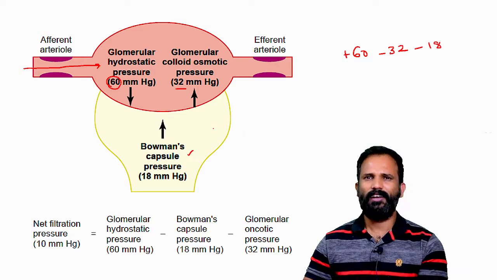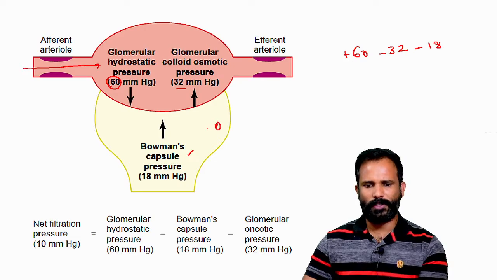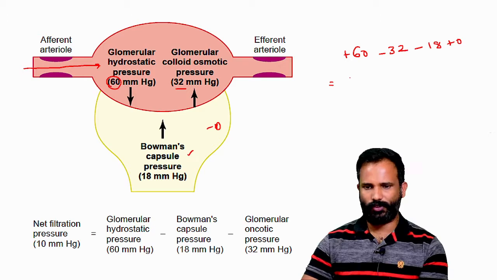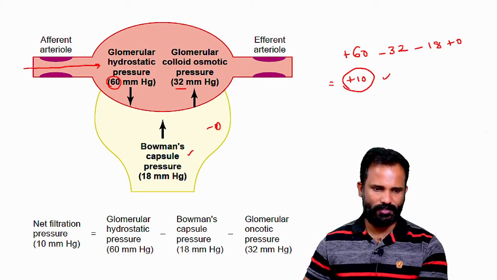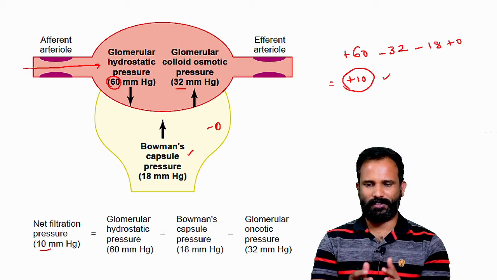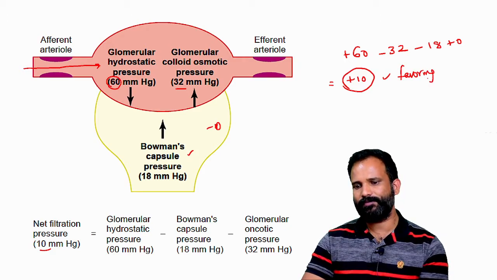And there will be practically no protein in the Bowman's capsule, so oncotic pressure here is 0, so plus 0. Totally we get a net filtration pressure of plus 10 mmHg, which is favoring the filtration.